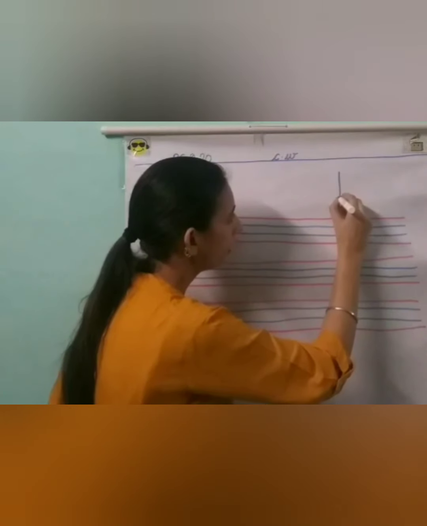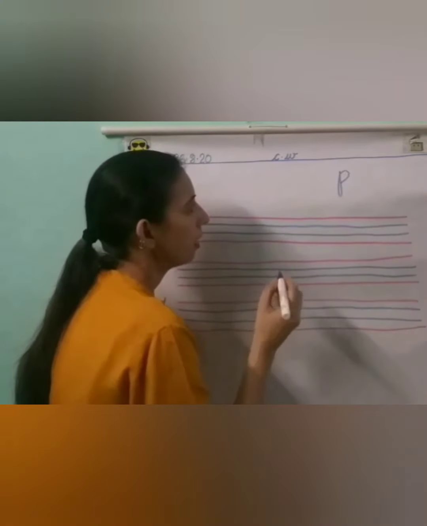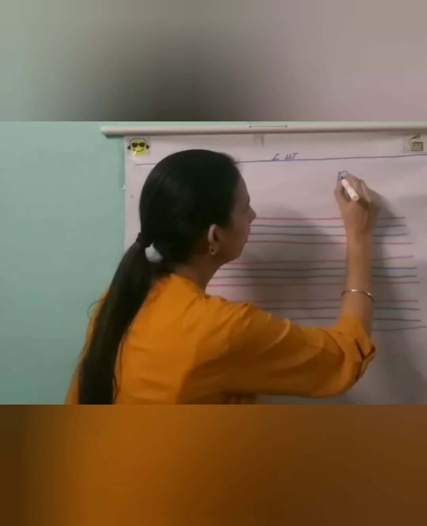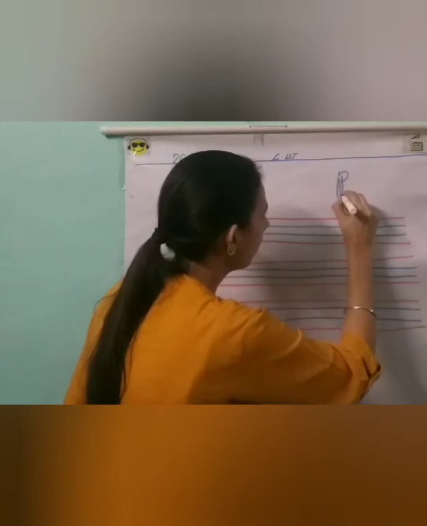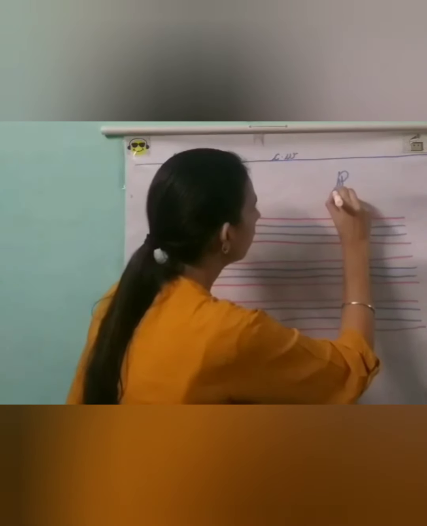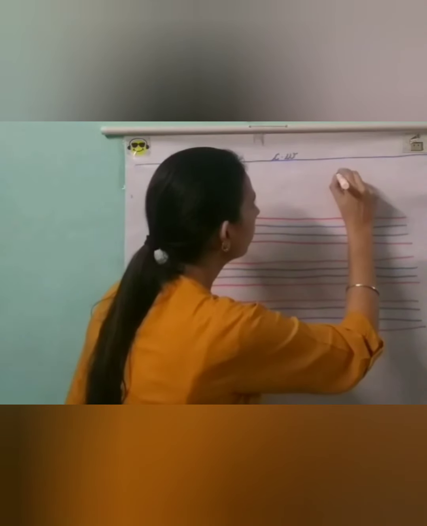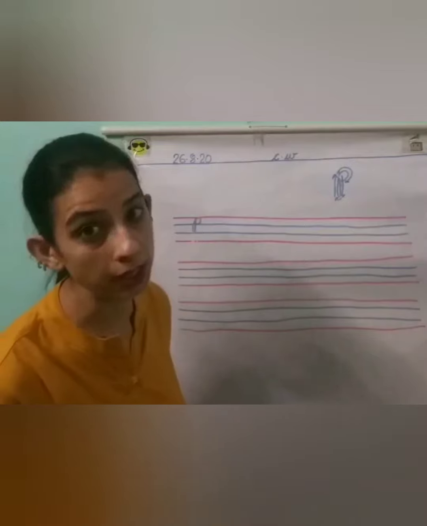See, one line, curve, go up and this is P. So what we basically did, we have come down like this, then take a little curve, go up and then curve. Okay, so this is P.